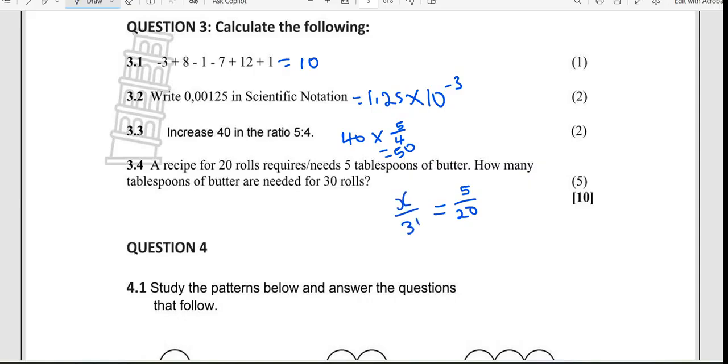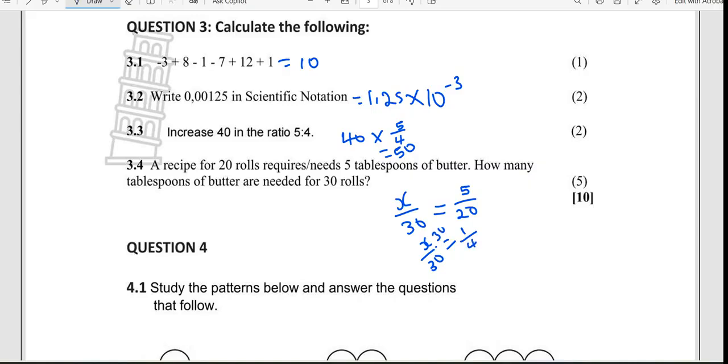How many teaspoons of butter are needed for 30 rolls? And then from here, I will cross multiply. x over 30 is going to be 5 over 20, which is 1 over 4.